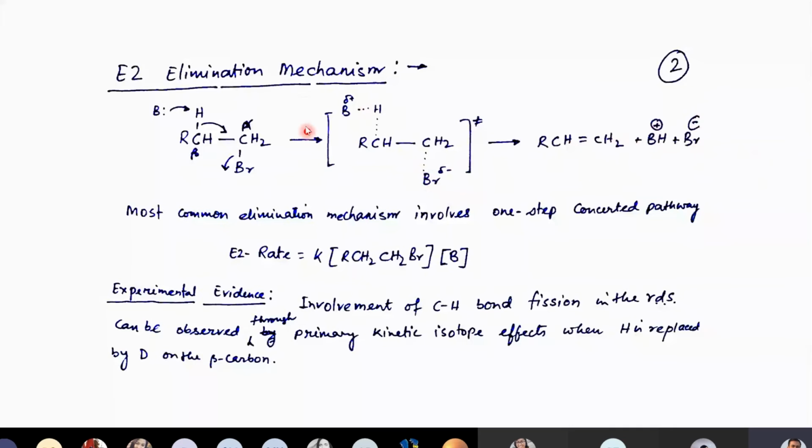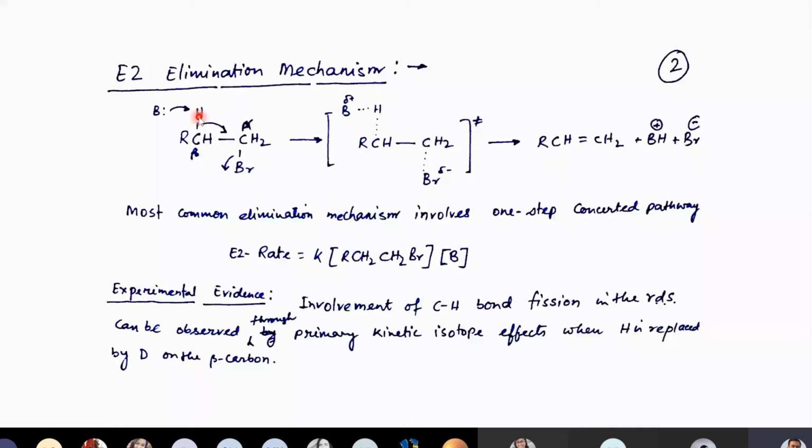So in this case, this is your rate determining step, and the rate becomes k times the concentration of your substrate and the base. What is the experimental evidence in this case? The experimental evidence is that the C-H bond is being broken in the rate determining step.